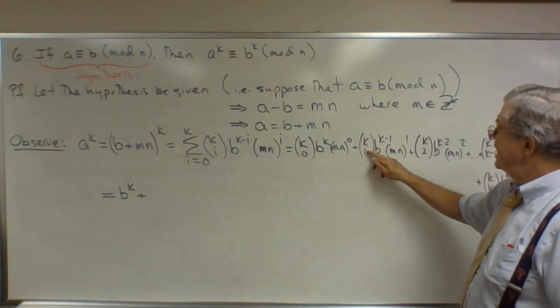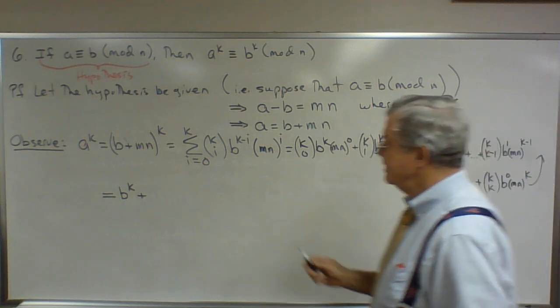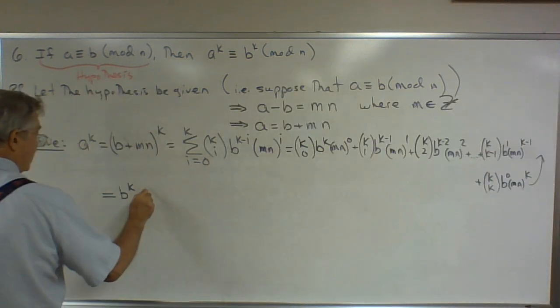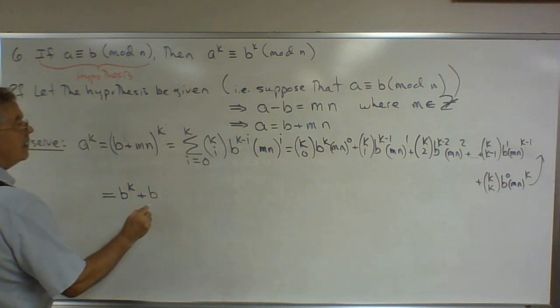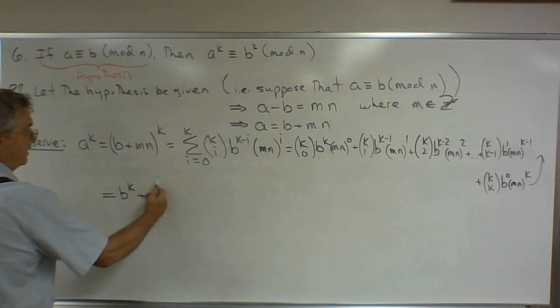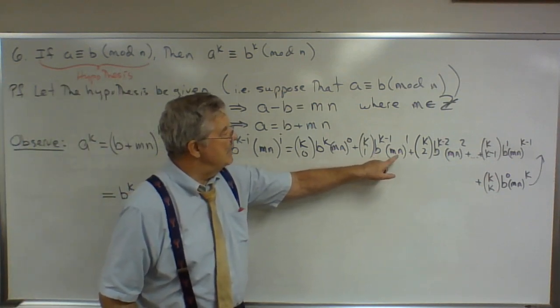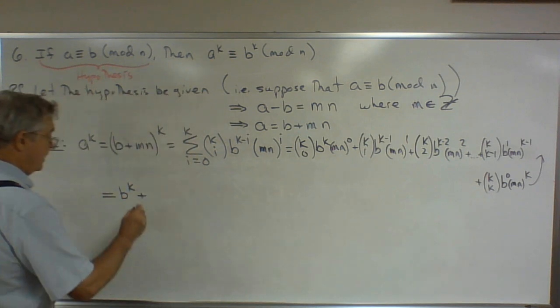This will be k, b to the k minus 1 times m times n. I'm sorry. k, b to the k minus 1, m times n.